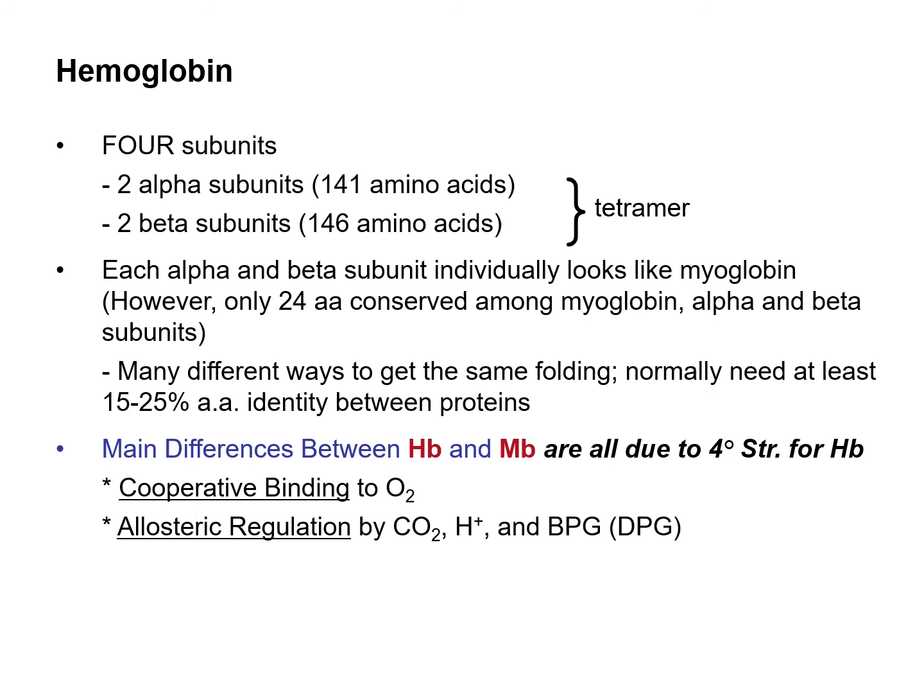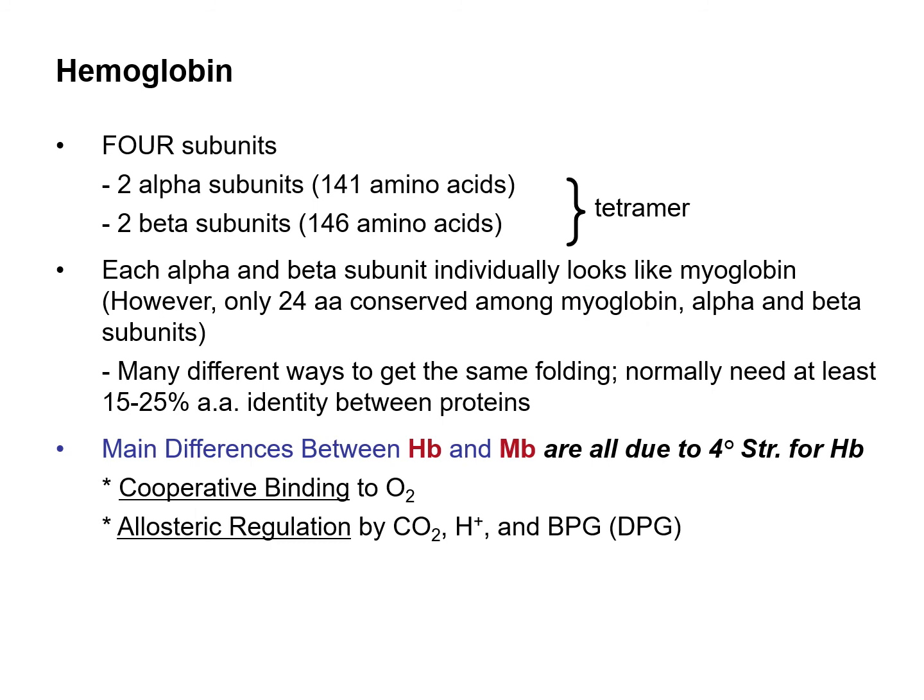But there are many different ways to get the same folding, not just sequence identity, because normally it needs just 15 to 25% amino acid identity to become a protein with the same folding or the same shape. So hemoglobin and myoglobin still form almost identical folding and shape.